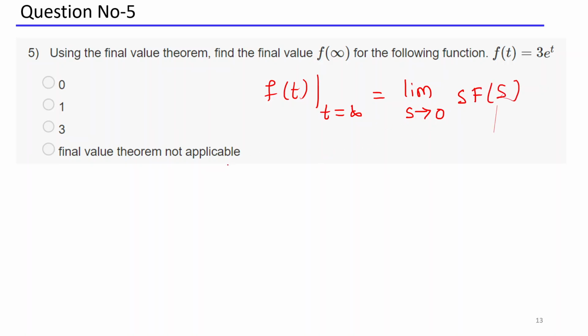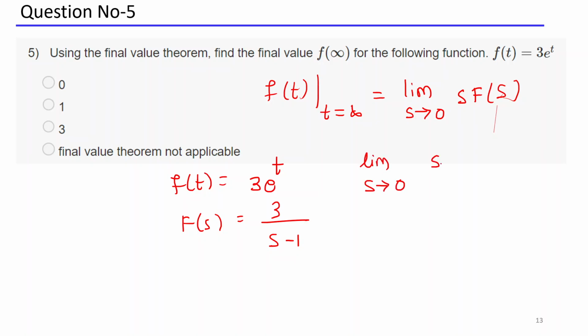Okay, so f of t is given to you as 3 into e to the power t. So what is F of s? 3 divided by s minus 1. Now I put this in the equation and find the limit s tends to 0 of s into 3 divided by s minus 1.